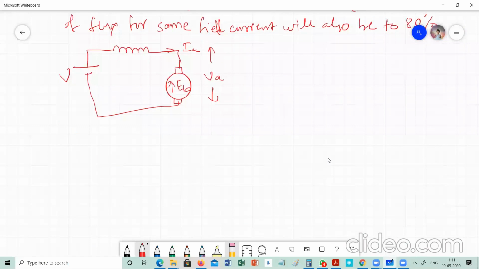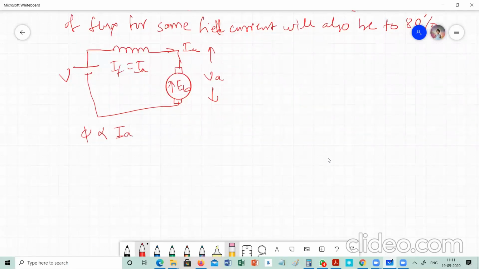Or we know that the flux is proportional to current. Now in this case, the field current IF is equal to IA because both are connected in series. So we can write that phi is proportional to IA.